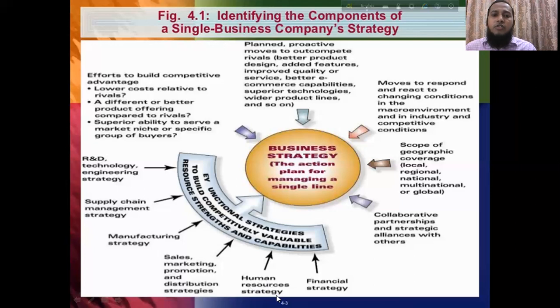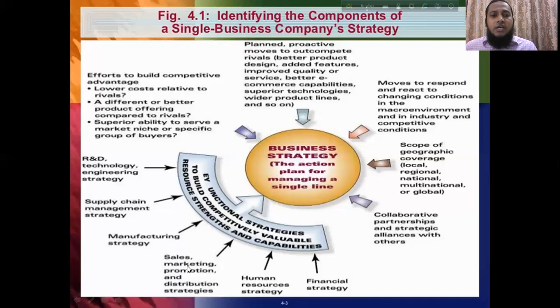Human resource strategy will ensure recruiting skilled potential manpower who will be able to contribute to the achievement of the company's objectives, vision and mission. And with the help of human resources strategy, a company will be able to create leaders from the employees.